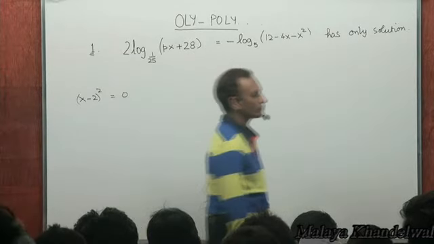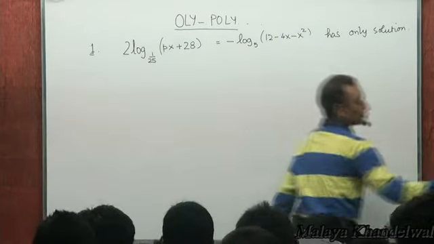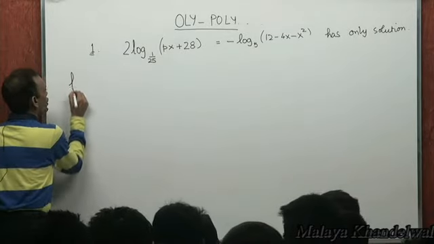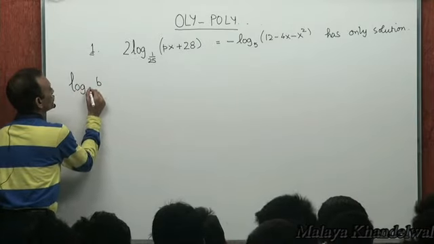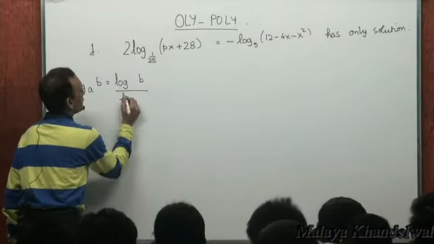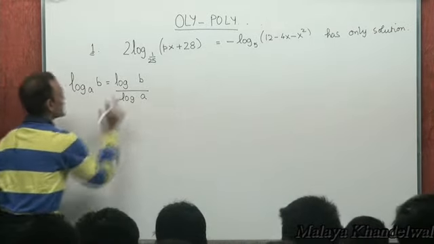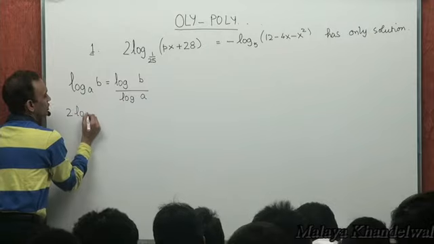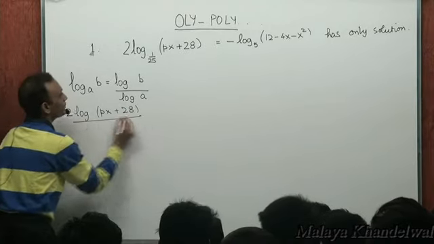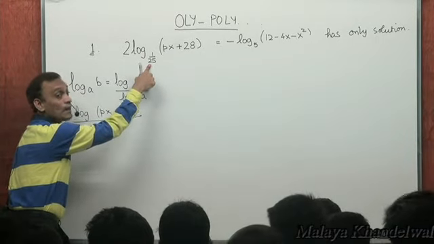Second, just in case you've forgotten all about logarithms, log b to the base a is log b to any base divided by log a to the same base, right? And therefore the left hand side could be rewritten as 2 log (px plus 28) divided by log of 1 by 25, that means 5 to the power minus 2.